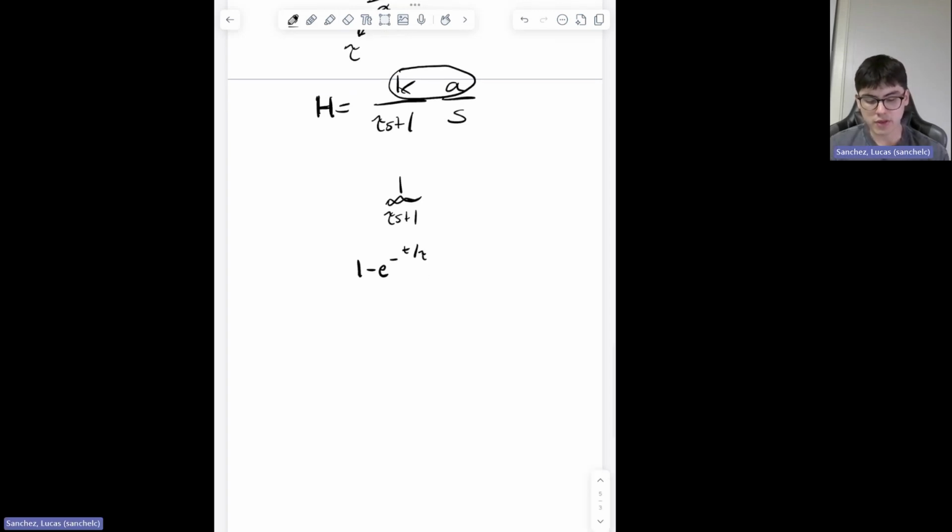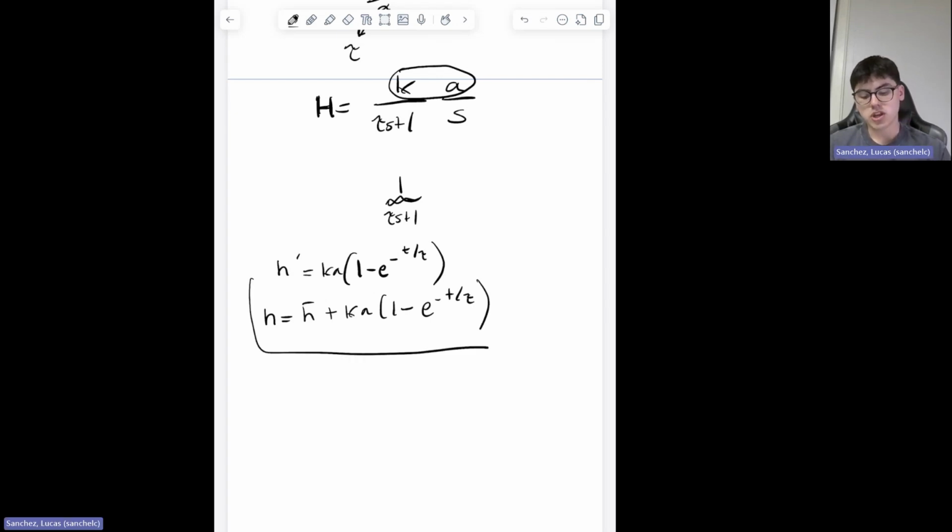So when we have the value of kA, we have h prime equal to kA times 1 minus e to the power of negative t over tau. And as we know, h prime is equal to h minus h bar. So it's h bar plus kA times 1 minus e to the negative t over tau.